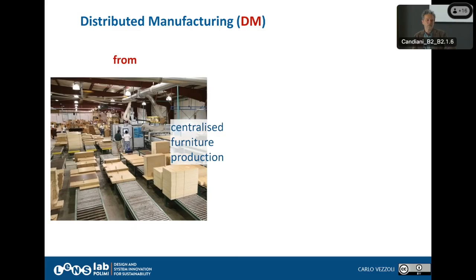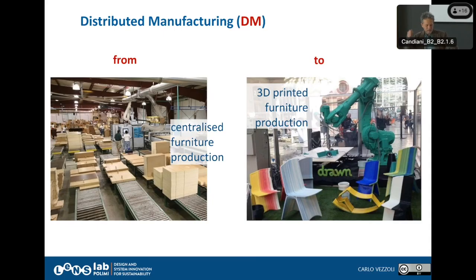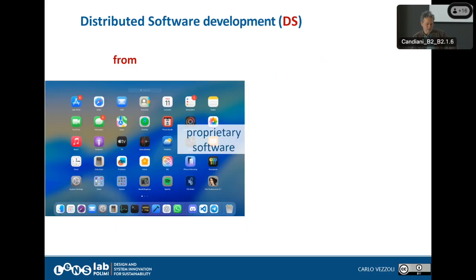Even manufacturing could be distributed, so we move from, for example, a centralized furniture production company, a big company producing furniture and then distributing this all over the world, to furniture that is 3D printed, so locally produced and maybe locally distributed, okay? But we can speak even about distributed software development, okay?